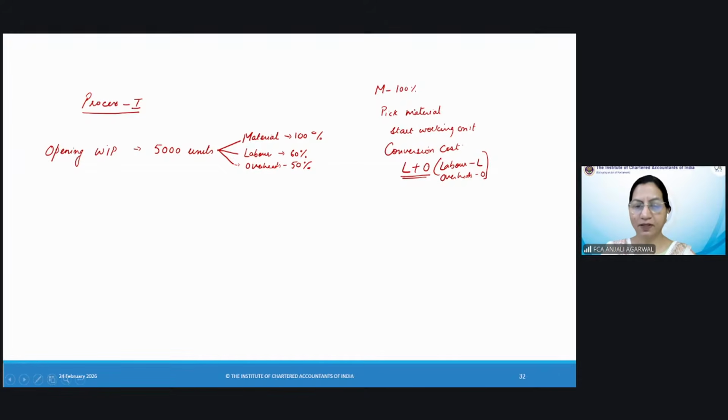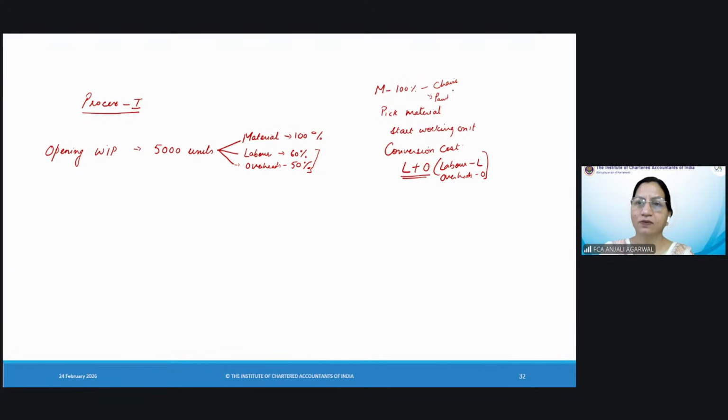So you start picking the raw material and then you start working on it. So then you apply the labor and overheads. So generally your WIPs would be 100% complete as far as material is concerned, whereas labor and overheads may not be fully employed. However, let's say we have taken an example of chairs and you start painting it.